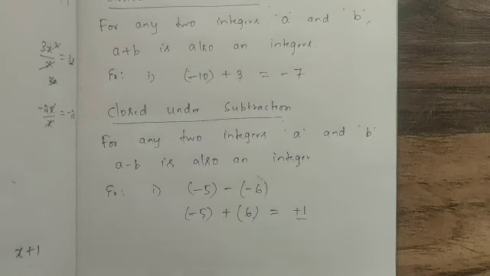Number system can change, but properties are not going to change. Closed under addition in the sense, you have to do like this only. Commutative under addition in the sense, you have to do like that only. The method is same, only the number system is going to change. So learn these properties. Properties are very, very important. Learn these properties in your early stages, so it will be very useful for your higher classes.